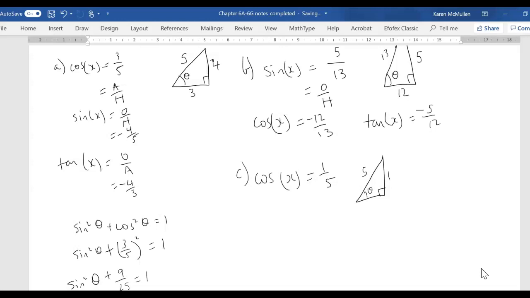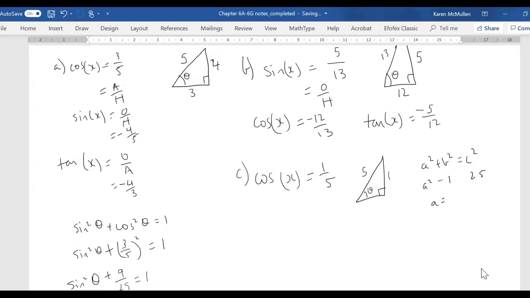Yes, that would make that 2, wouldn't it? 2 squared plus 1 squared. No. Let me just quickly do that. Okay, so C is 25, so we've got 1.